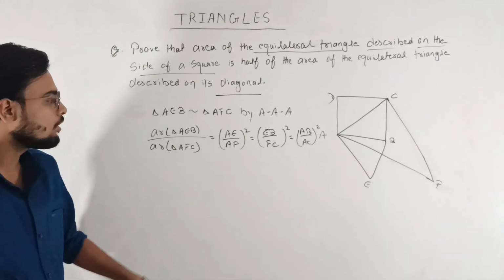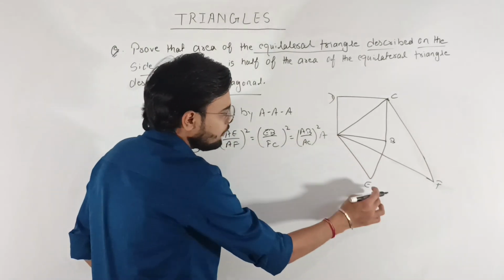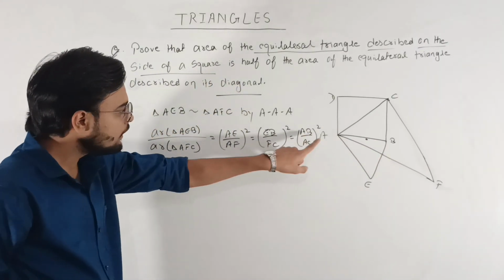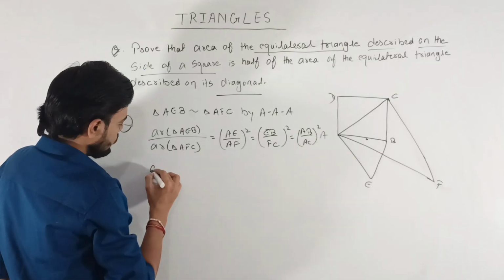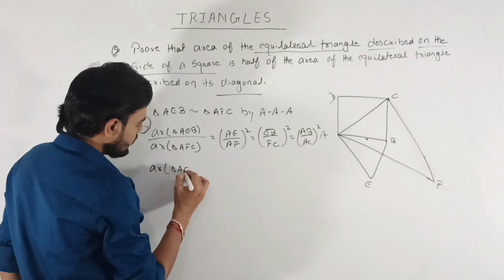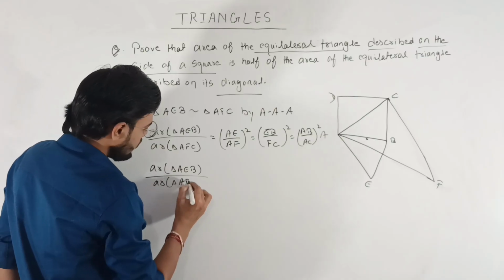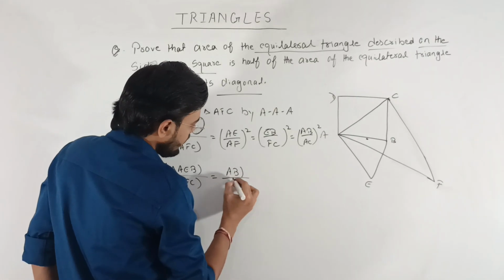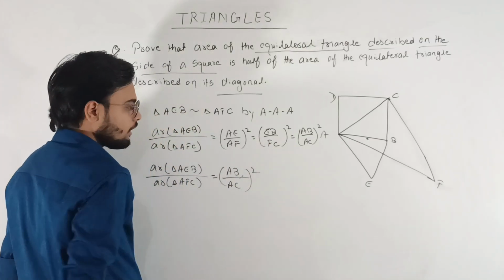Now in these three, I pick only one. Which one? Look here, triangle AEB. I want this AB side and this AC side. So I only pick this ratio. So area of triangle AEB upon area of triangle AFC equals AB upon AC whole square.